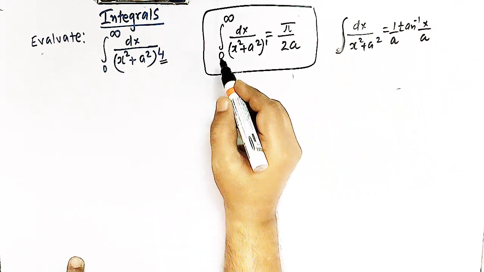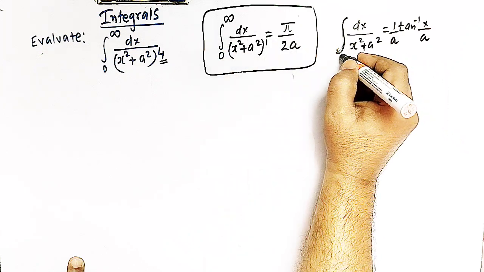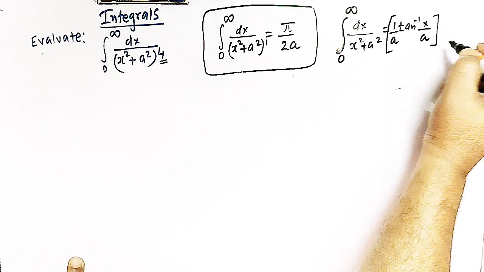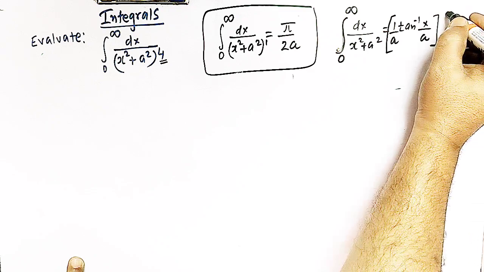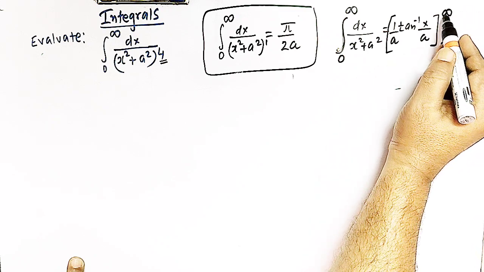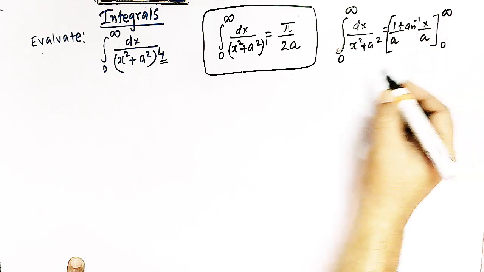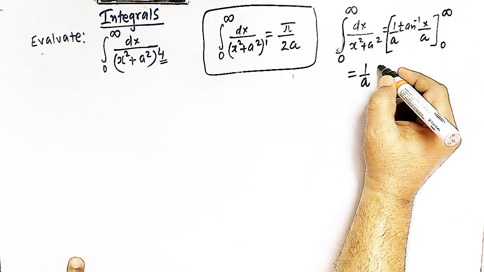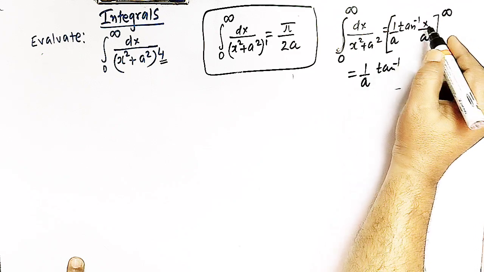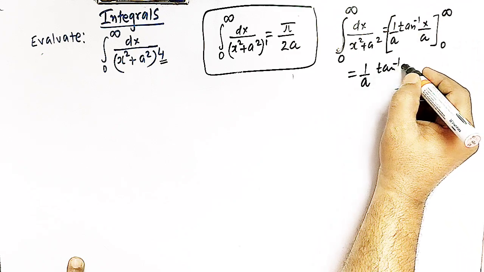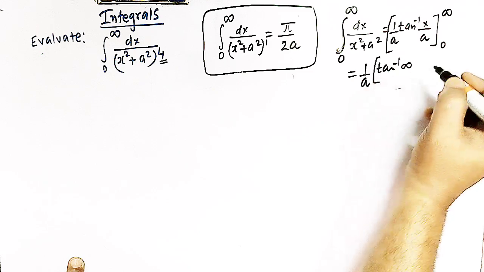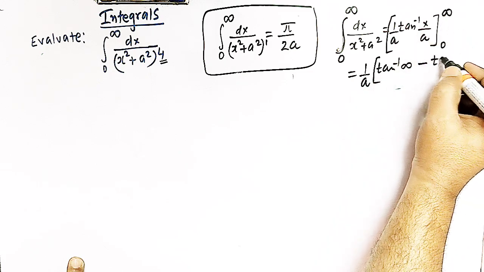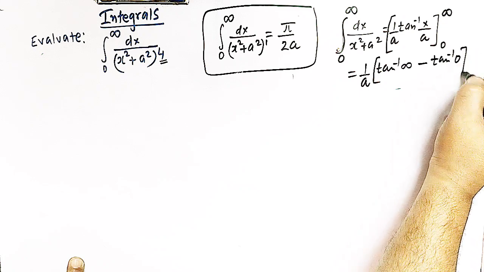Now if we wish to find this integral from 0 to infinity, then we have to make use of the limits, right? So first we'll take infinity, so we have 1 over a, then tan inverse infinity over a, and then x is equal to 0, that is simply tan inverse 0, right?